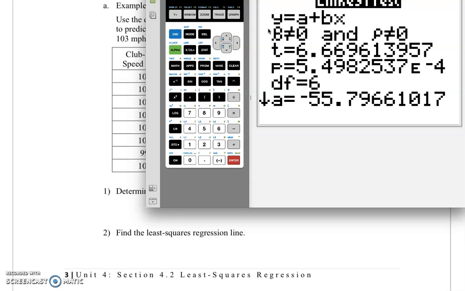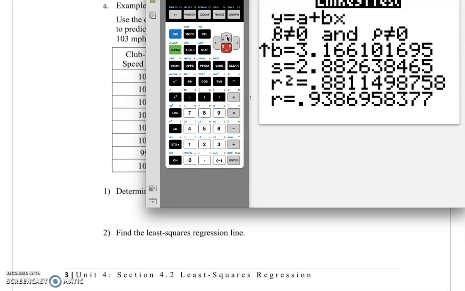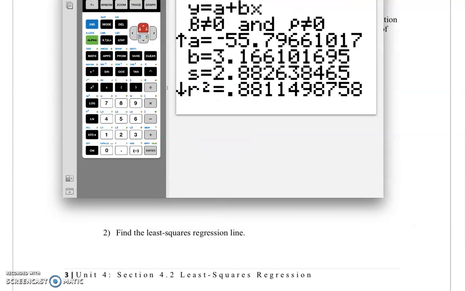It's the very first thing. The t is our test statistic. P is our p-value. We've already talked about that. And if we scroll down like we're going for our R, you see we have a and a b value.